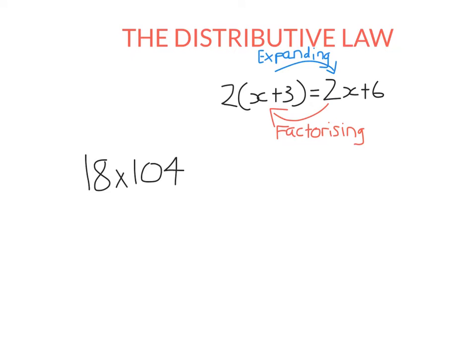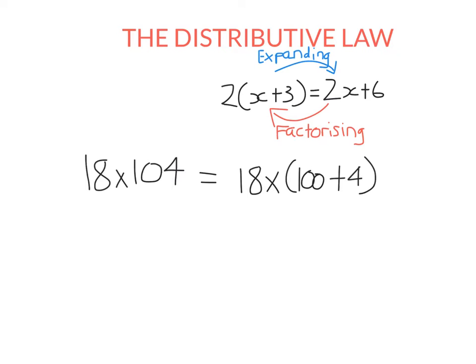Many of you would have some methods for doing this, and the most common would be to multiply 18 by 100, 18 by 4, and add them together. That's actually using the distributive law. What you're doing is writing this as 18 times 100 plus 4. These two expressions give you the exact same answer because 104 is the same as 100 plus 4.